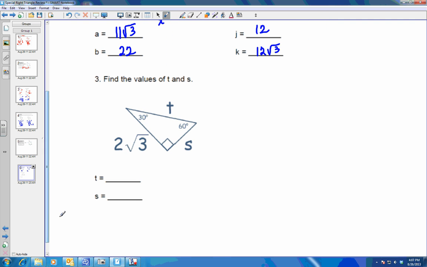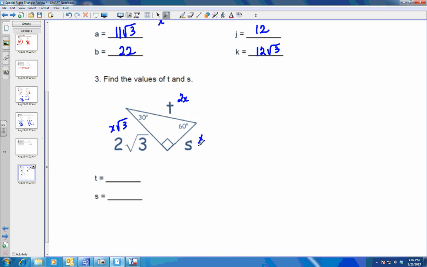And then we have one more. Find the values of t and s. So here's my 30-degree angle. I'm going to label it. Opposite my 30-degree angle is always my shortest side, x. Then my other leg is x square root of 3. And my hypotenuse is always 2x. So if I want to find t, that gave me x square root of 3.